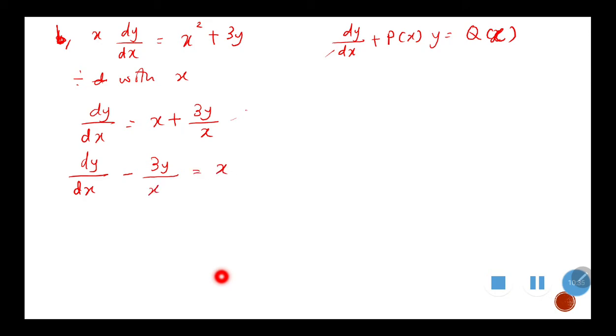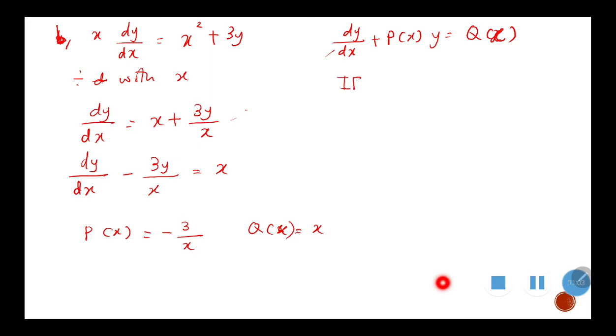So now can you determine which one is your P(x)? Your P(x) is whatever function of x that is multiplied with the constant y. So P(x) is negative 3 over x, and Q(x) is x. The first step is to find the integrating factor.